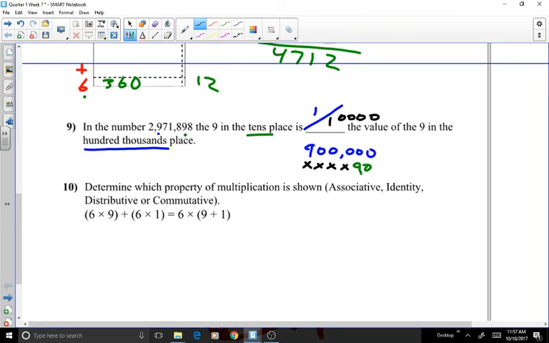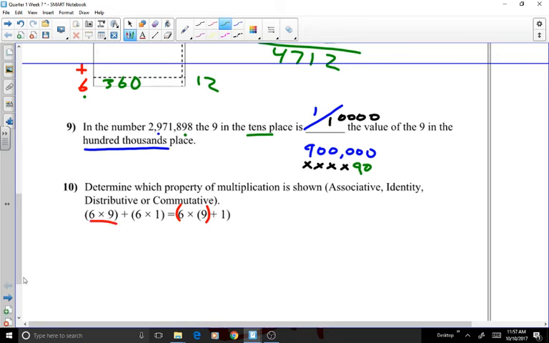Number 10, determine which property of multiplication is shown. Is this the associative, identity, distributive, or commutative? Well, I see that we've taken numbers and we've broken them up. We've taken 6 times 9 plus 1 and busted this up into 6 times 9.